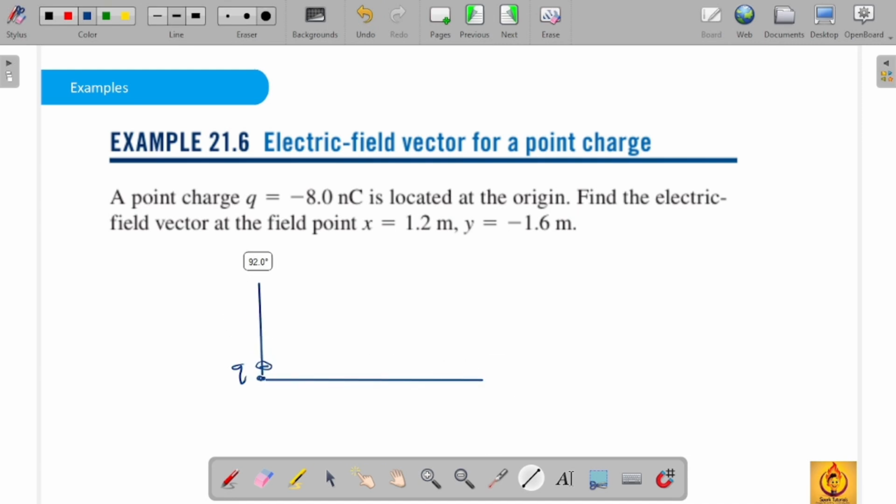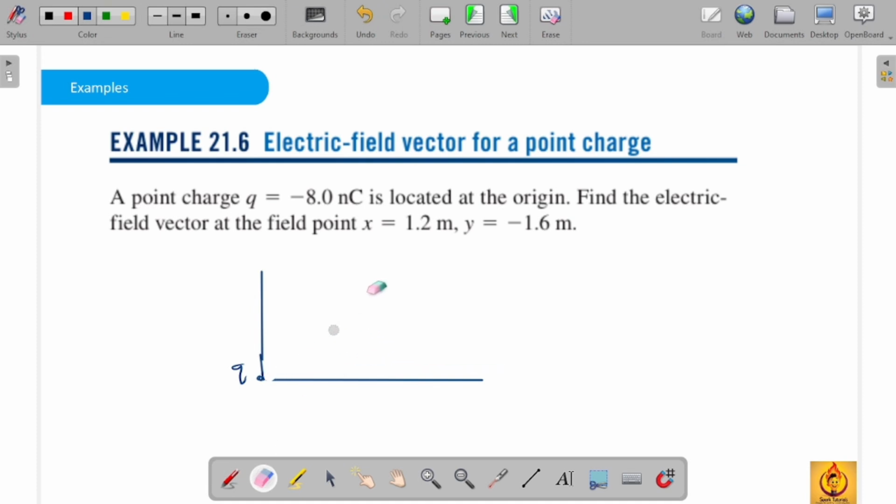So what do we do in order to find it? We first find R using Pythagoras theorem. So that's going to be something like, okay, it's negative, so my diagram is wrong.